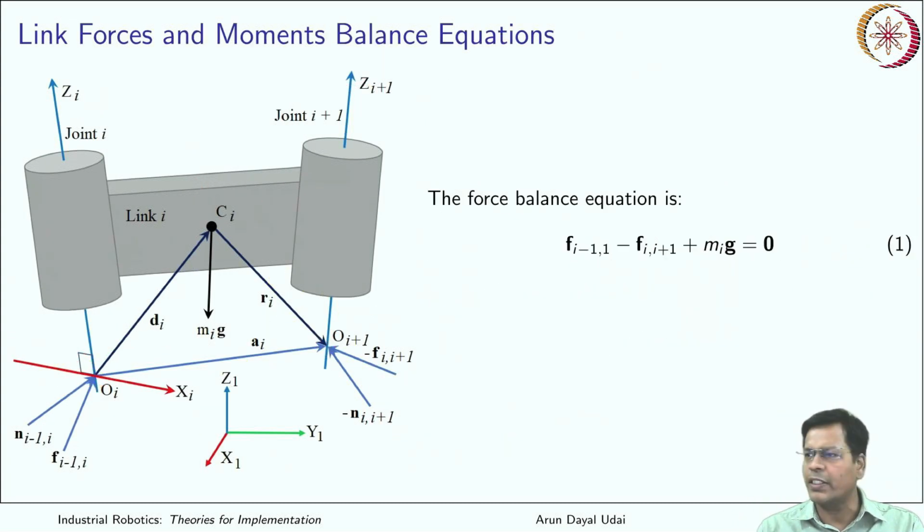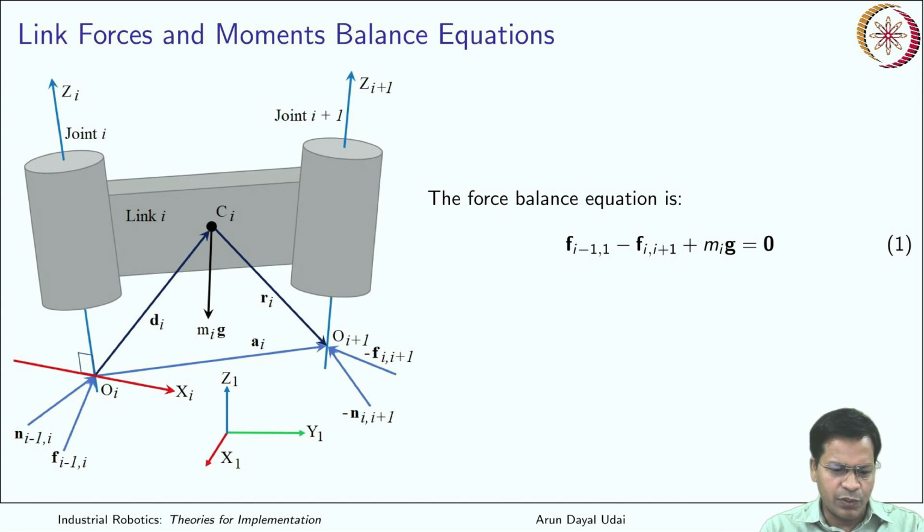So let us quickly see what are the force and moment balance equations that exist. So overall, I am going to study the statics of it. So what I should see is this link should be in equilibrium condition, provided it is acted on by the forces from the input and the output side of it.